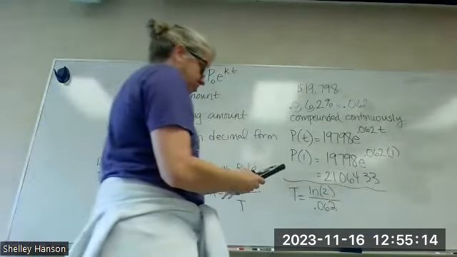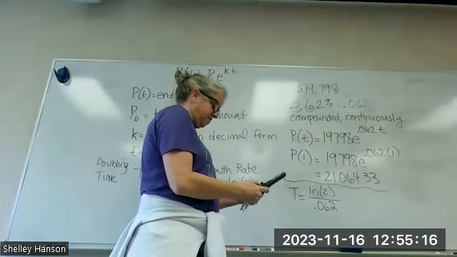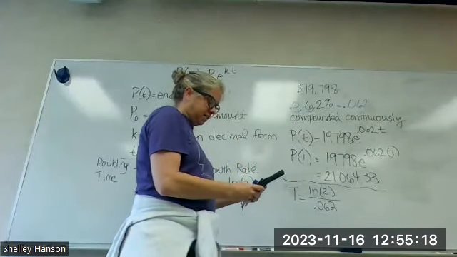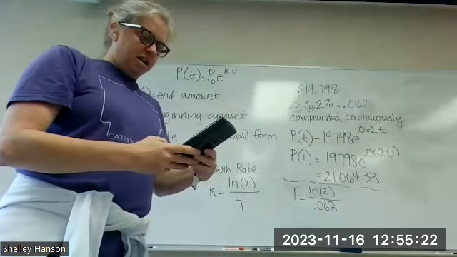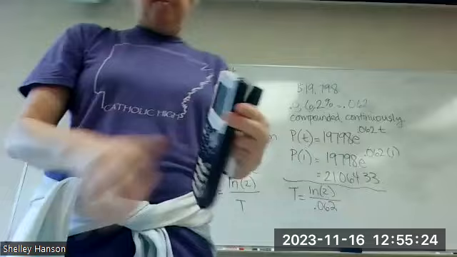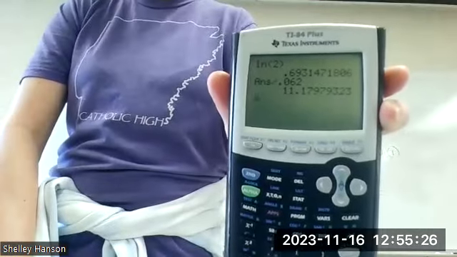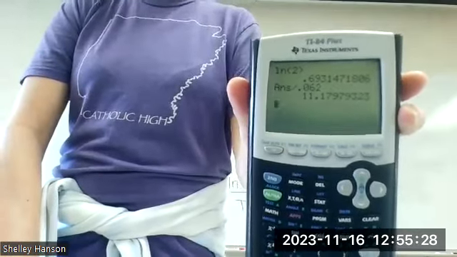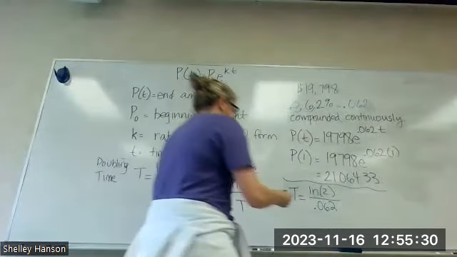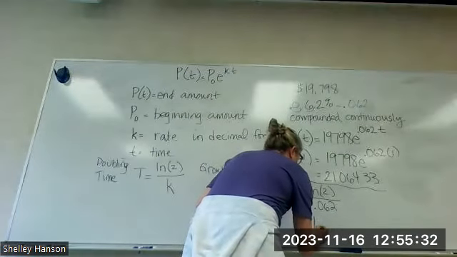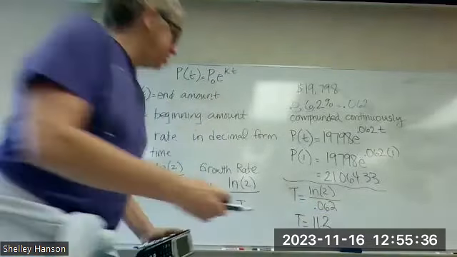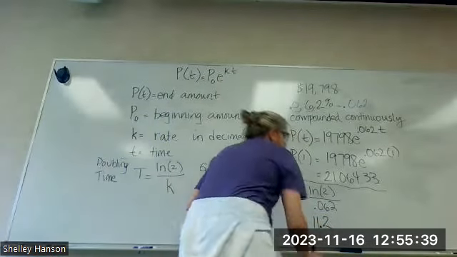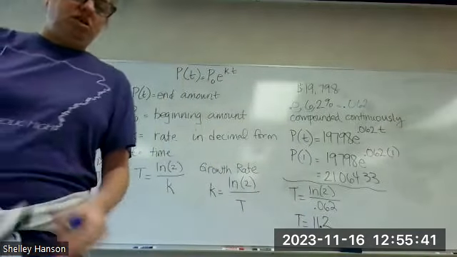So ln of 2, enter, divide that by 0.062, and we are rounding to 1 decimal place. So mine's 11.17, which just means it's going to be 11.2. So it'll take it 11.2 years to double.